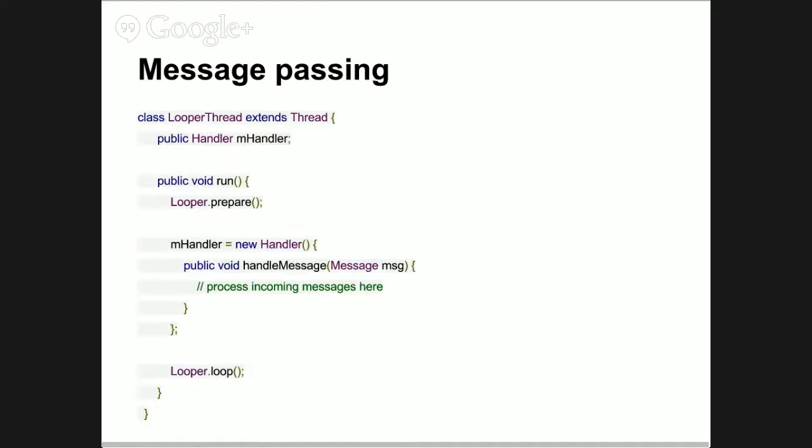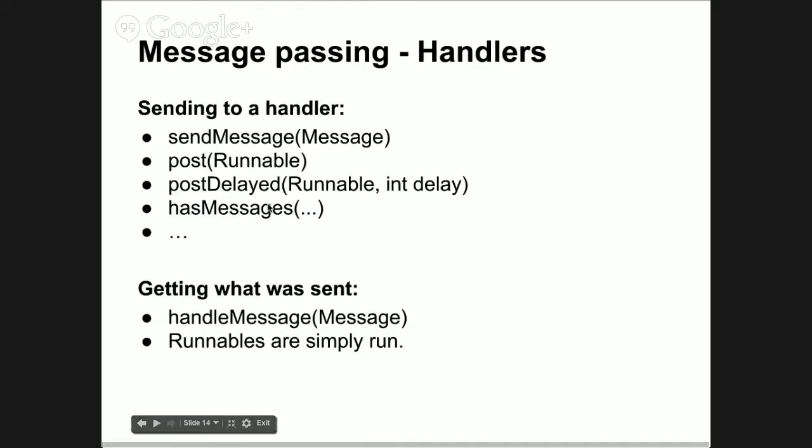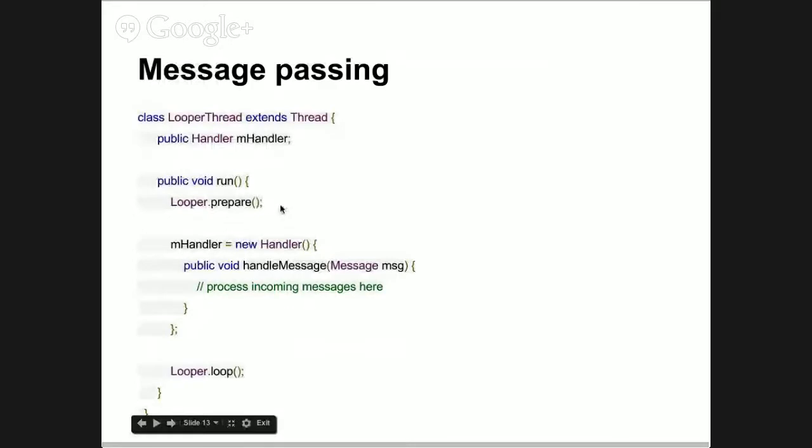Well, this thread has a public void run. So what you do is this. You need to say Looper.prepare. This prepares the looper. The looper is this organization attached to the thread that is able to enqueue and process messages. So you have to tell it to prepare it.